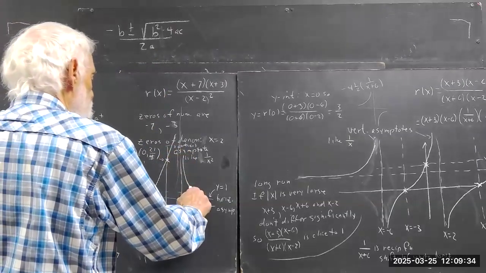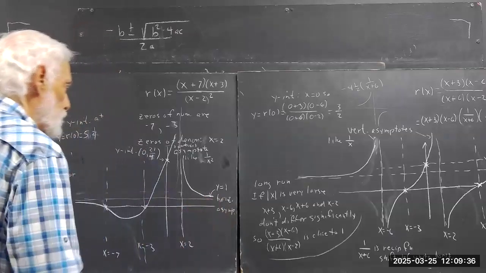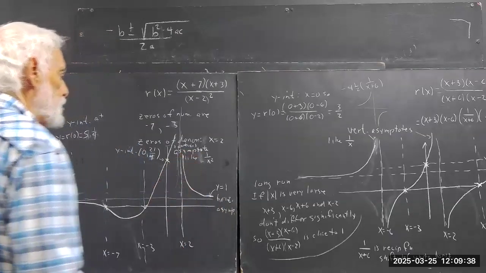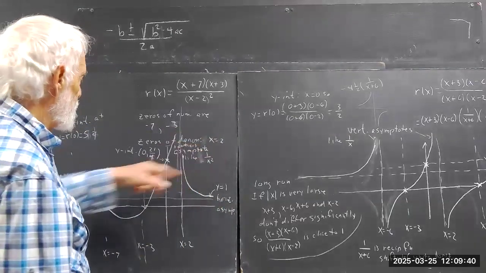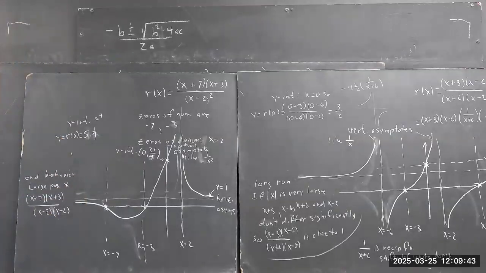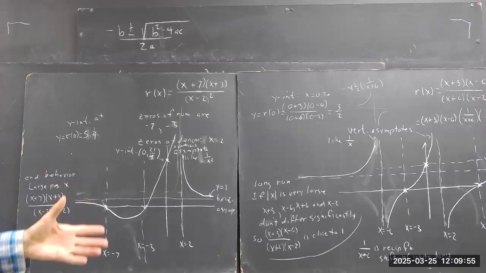Then it comes down from the vertical asymptote, comes over here, and approaches the horizontal asymptote. I have no idea why I did this and this. Okay. But it's not consistent with everything else that I did.